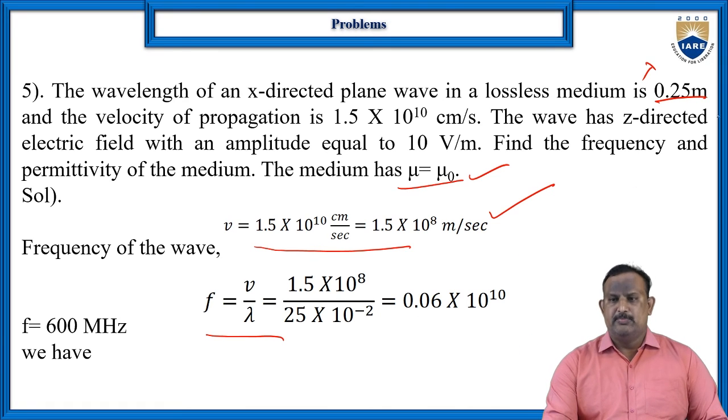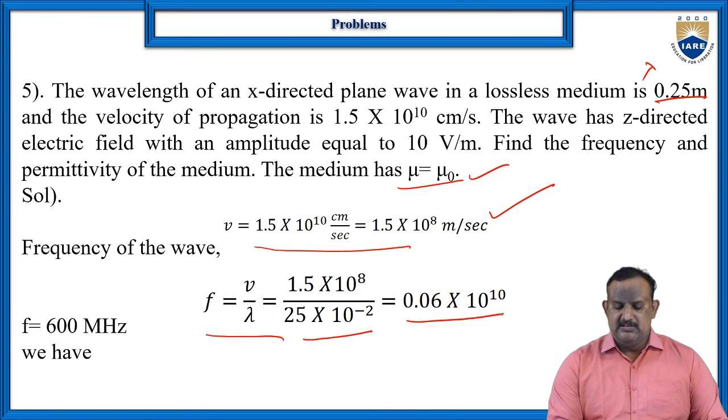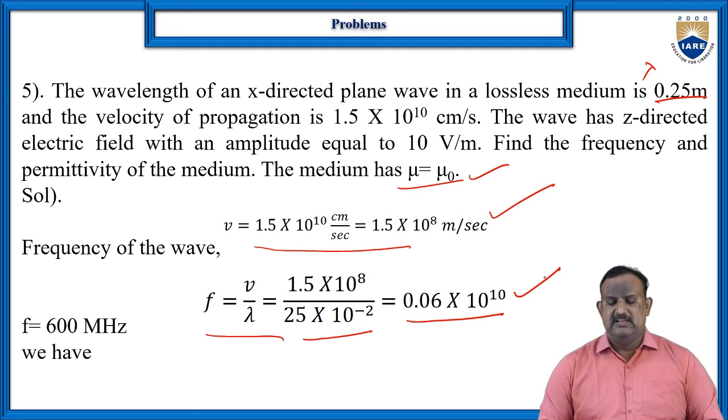So 0.25 meters we can write as 25 into 10 power minus 2. Therefore, 1.5 into 10 power 8 by 25 into 10 power minus 2. If you simplify the same expression, we have 0.06 into 10 power 10, which means it is 600 megahertz. The frequency is 600 megahertz.